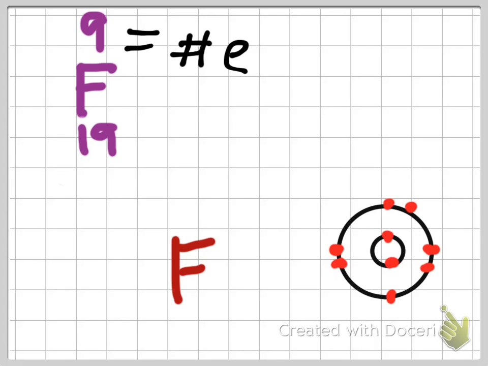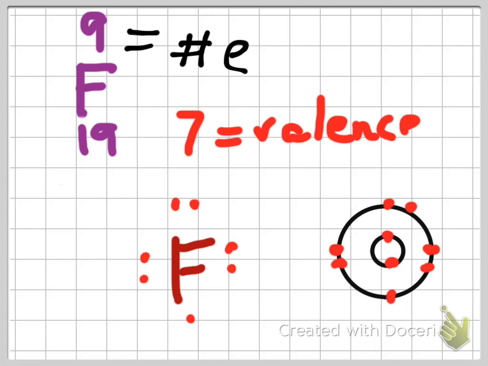We don't need the third shell. Let's go ahead and put the valence electrons on fluorine. 1, 2, 3, 4, 5, 6, 7. 7 valence electrons. Okay, so 7 valence electrons, and those are on the outer shell.